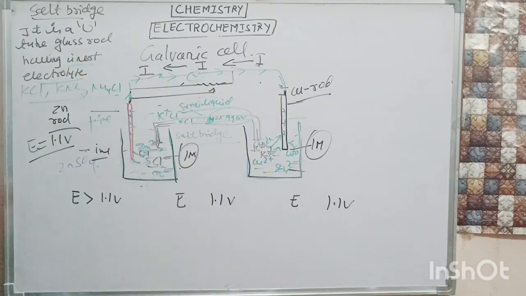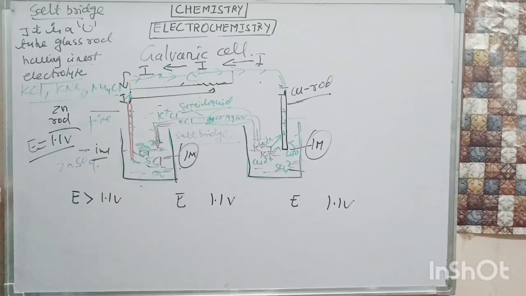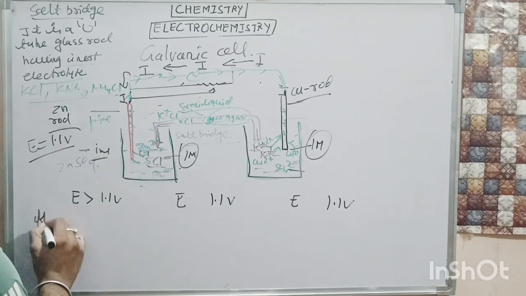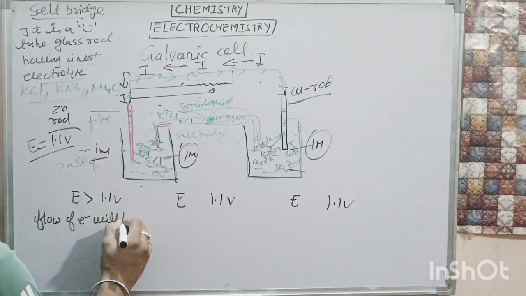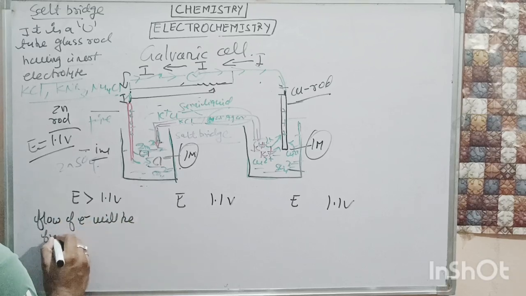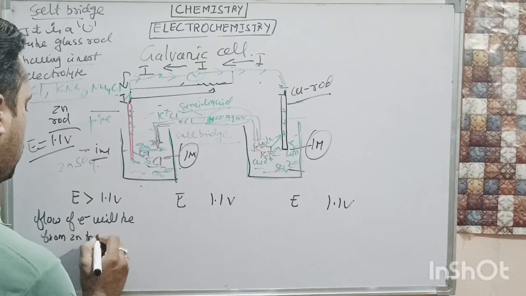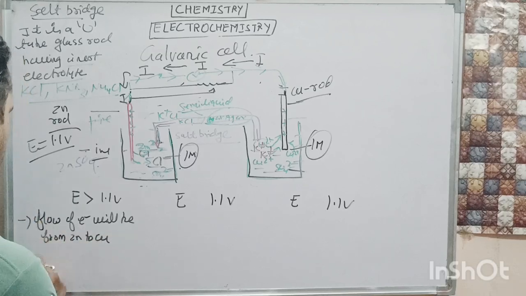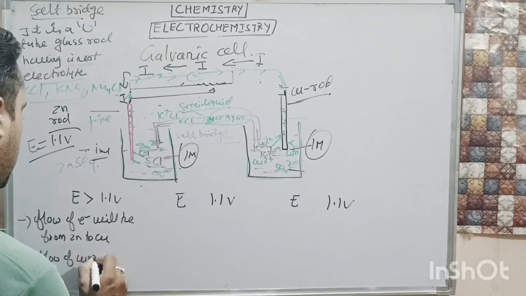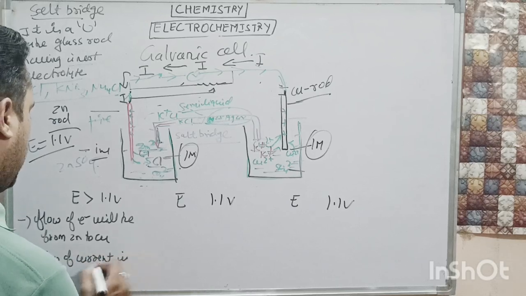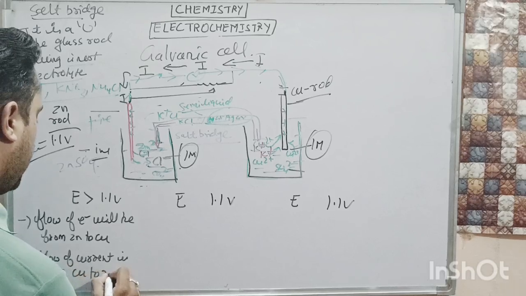This will keep on moving. So flow of electrons will be from zinc to copper, and flow of current is from copper to zinc.